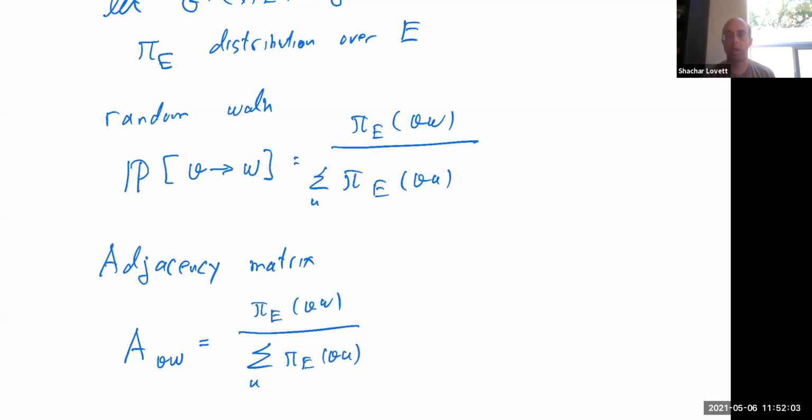Notice that if we want to really view this as the matrix of a random walk, we have to multiply on the left and not on the right.